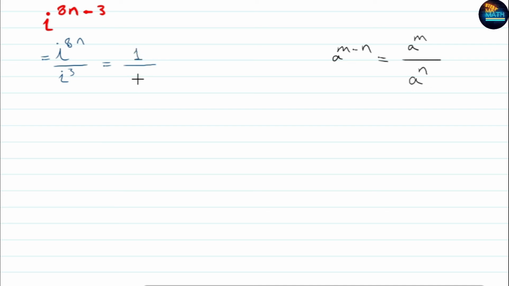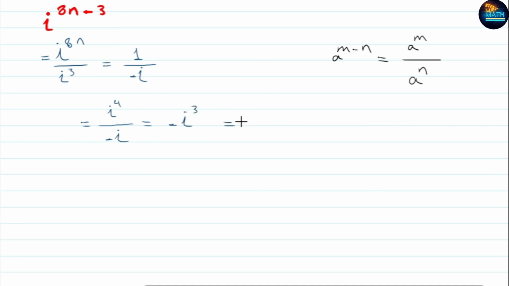And i to the power of 3, you remember? i to the power of 3 is equal to negative i. So again here you have 1. You can replace it with i to the power of a multiple of 4. So you can select i to the power of 4, divided by negative i. So it's equal to negative i to the power of, and 4 minus 1 is equal to 3.